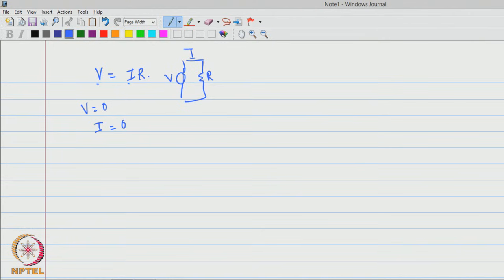So, the input is gone, the output automatically is gone, or it goes to 0. Now, take an example where I have a V, a R and an inductance.